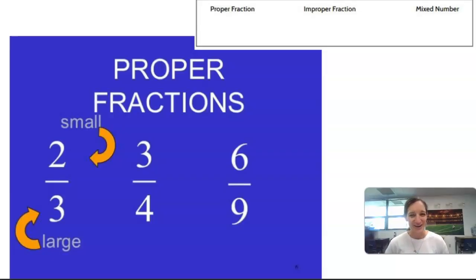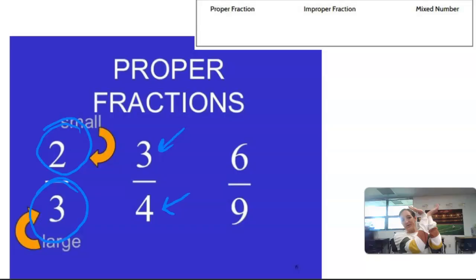Returning to our video. Proper fractions, what you will notice is that the numerator is smaller than the denominator. These are proper. I like to think of cheerleaders. Like if this was a size 4 cheerleader, and do you know what cheerleaders I'm talking about?